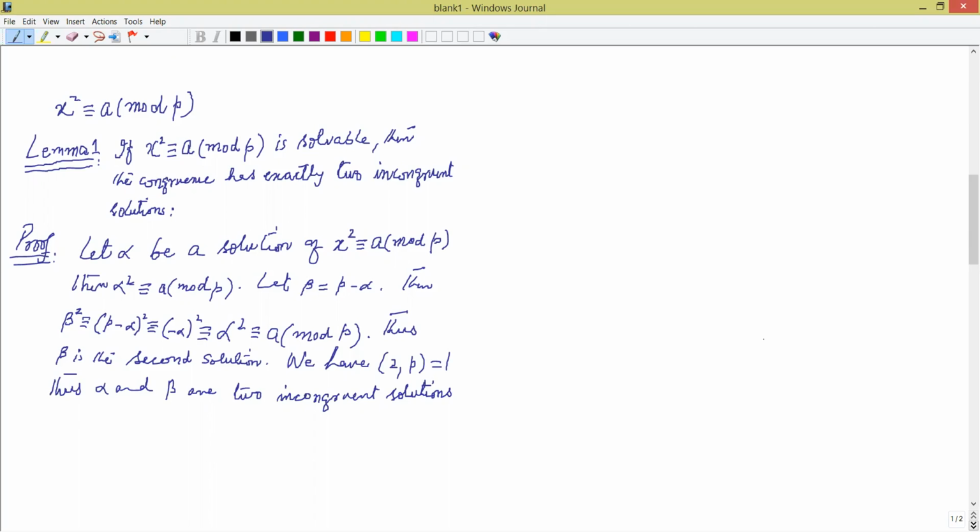Now we have to show that there are exactly two solutions. It means if there exists a third solution, that third value must be either equal to alpha or beta.